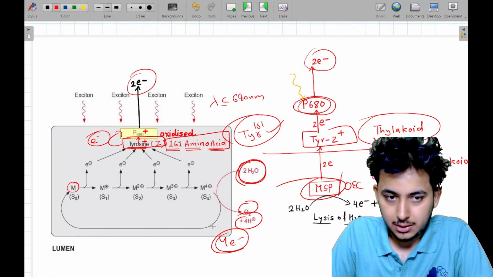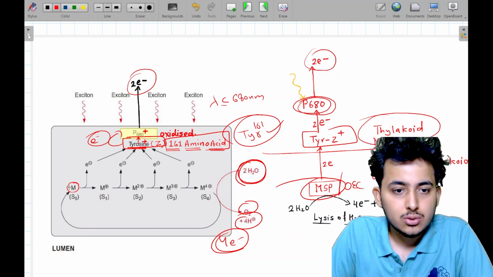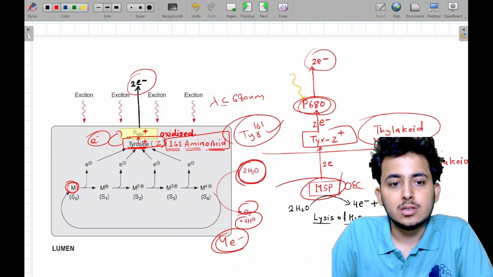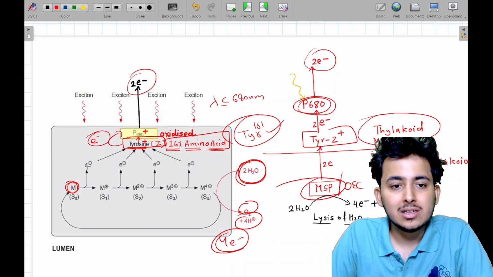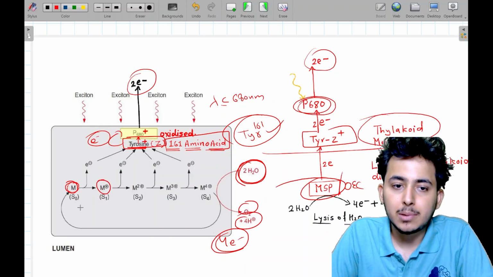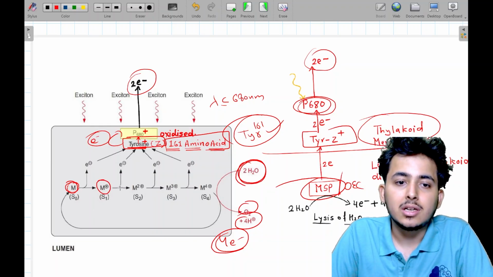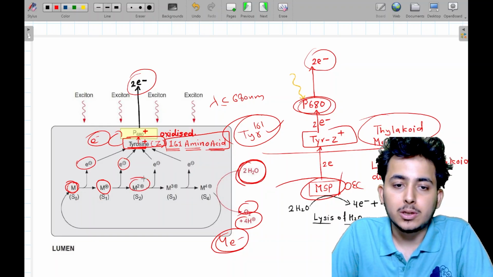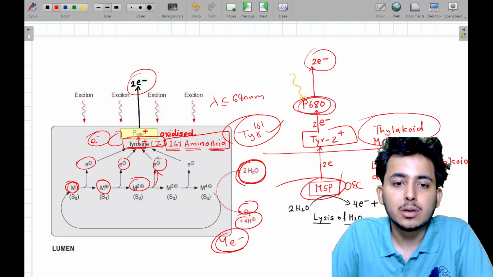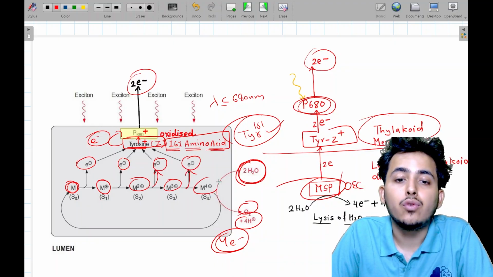What will these 4 electrons do? As soon as it reaches the M, in the S0 state, it releases an electron and becomes M plus. Then this M plus again releases an electron and becomes M2 plus. Then it again releases an electron, becomes M3 plus, and again releases an electron, becomes M4 plus.